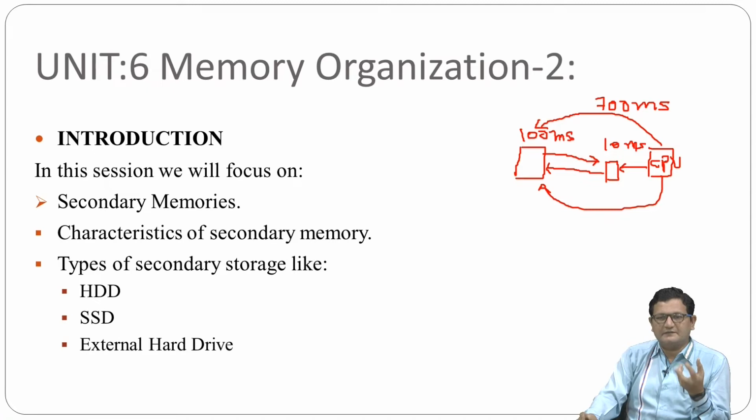Here we are accessing the main memory, and that takes 100 milliseconds. Then the CPU will fetch the data from the cache memory, which takes 10 more milliseconds. So if you open the program for the first time, you need 110 milliseconds.